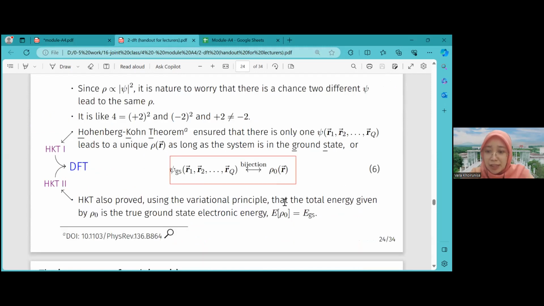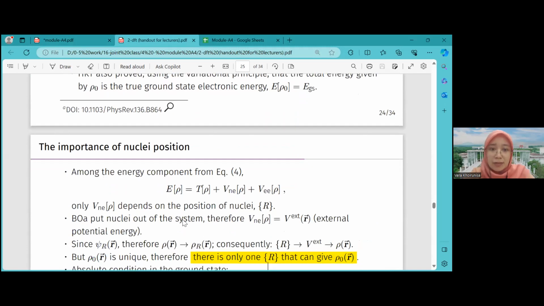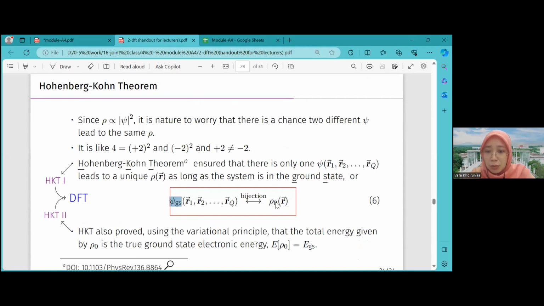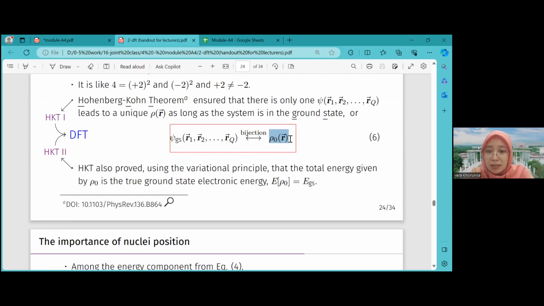So you can refer to slide 24 and also 25. Here there is an explanation that there is a bijection between C in the ground state and rho. So we can use the density functional here. And then energy is a function of rho zero.